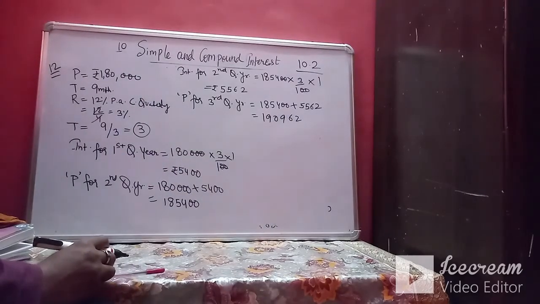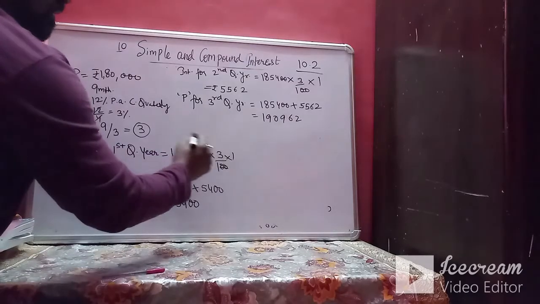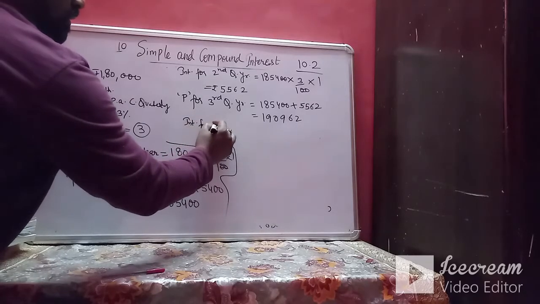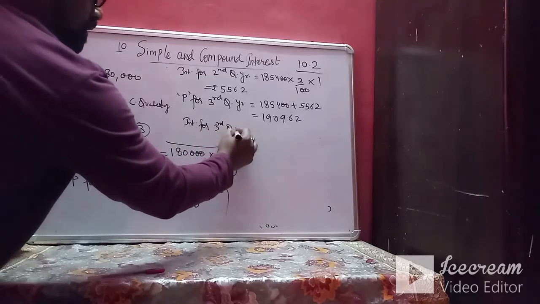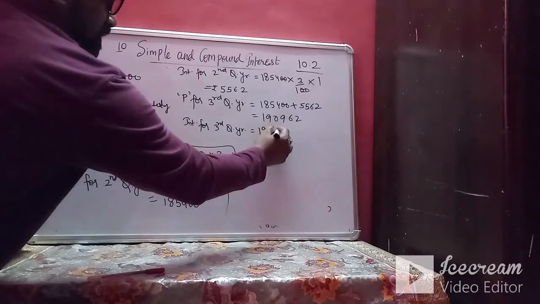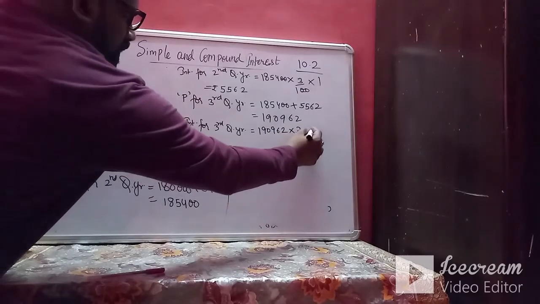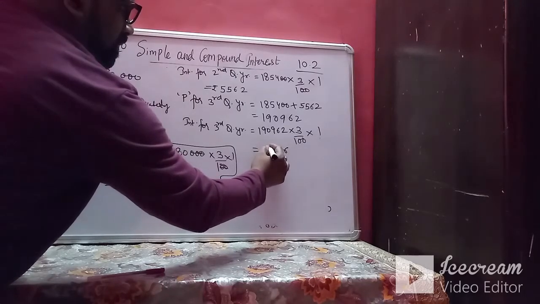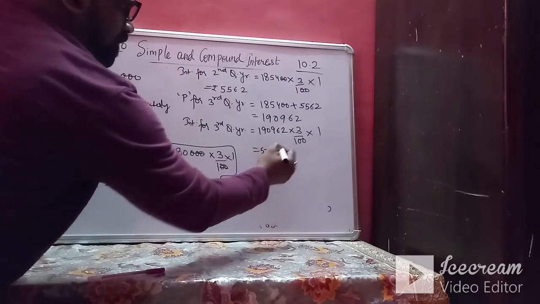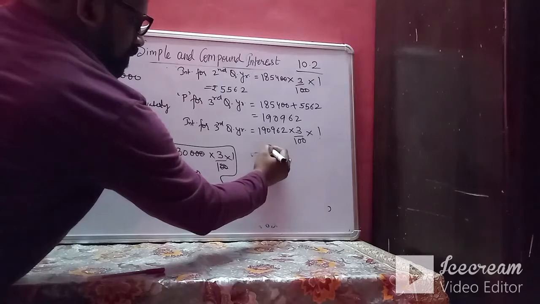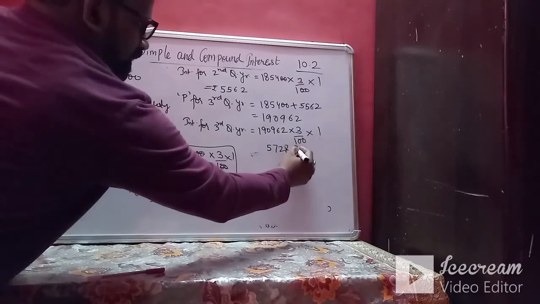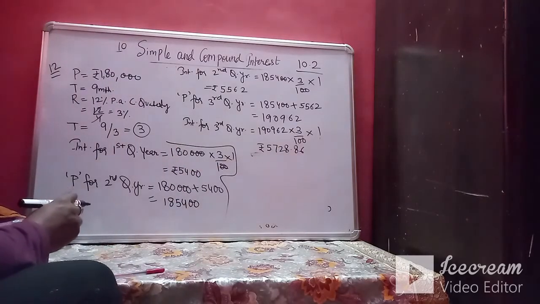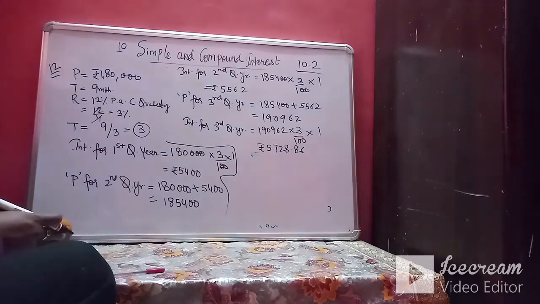Okay, then the very last calculation we will do, interest for the third quarter year, that is 190962 into 3 upon 100 into 1, that is ₹5728.86. Okay, so this is the interest for the third quarter year.